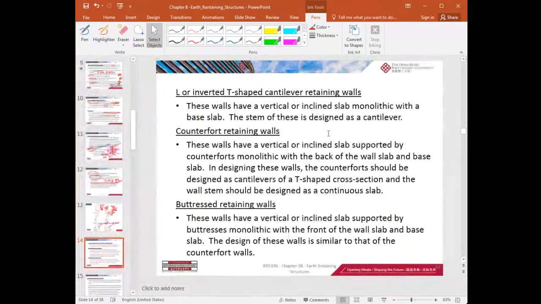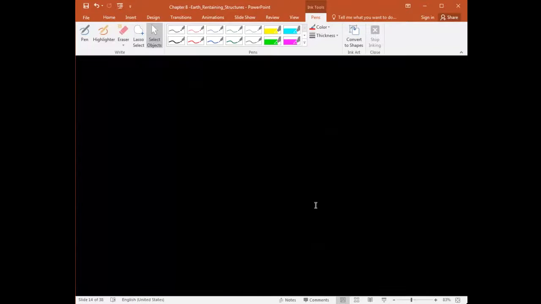Okay, now I'm not going to repeat all these details for the L or T shape and the counterfort retaining wall, right?